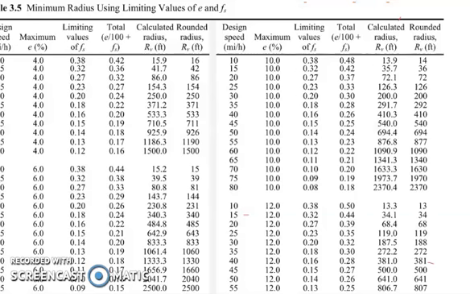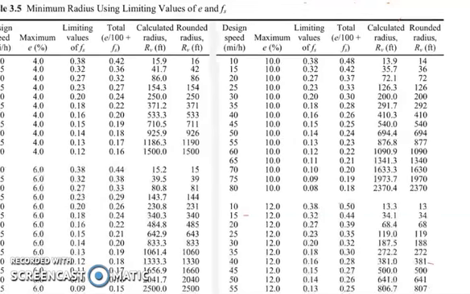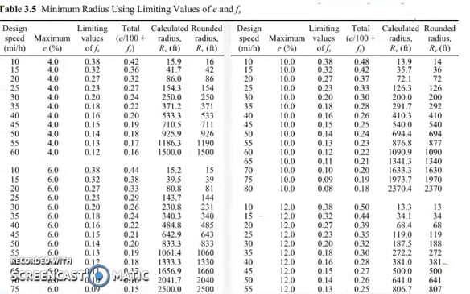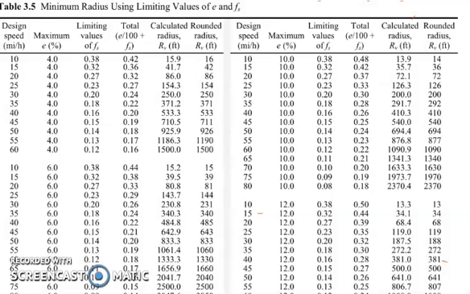We have here a table showing the minimum radius using limiting values of our superelevation and our side frictional force. We have to identify the design speed so that we can identify the superelevation and our f sub s. It is dependent on the design speed that we are after for our e and our f sub s.